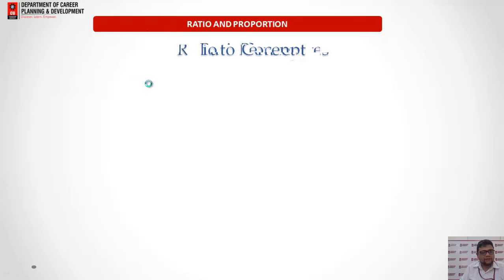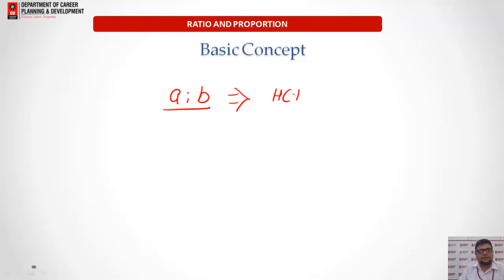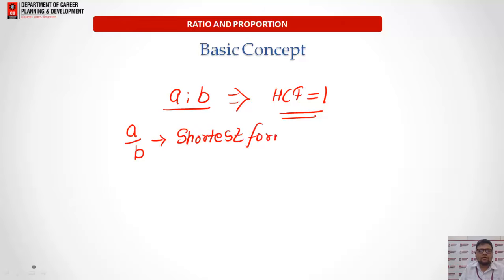If I have to say the two numbers to be in a ratio, like if I take A is to B, the two numbers in a ratio can be said, firstly the HCF of them should be 1, or we can write it in a fraction A upon B. This is the ratio, and the shortest form of A and B is known as a ratio.